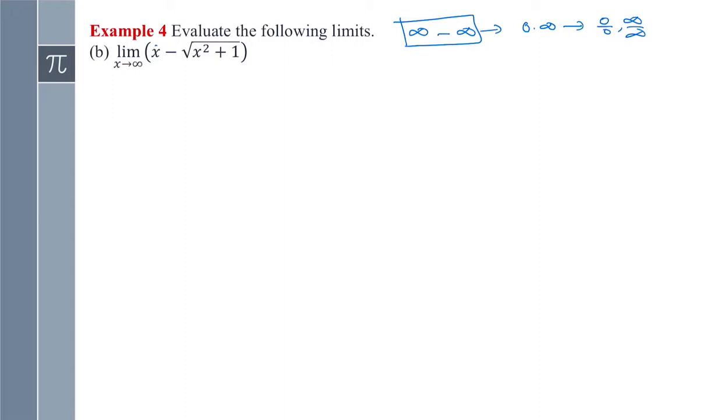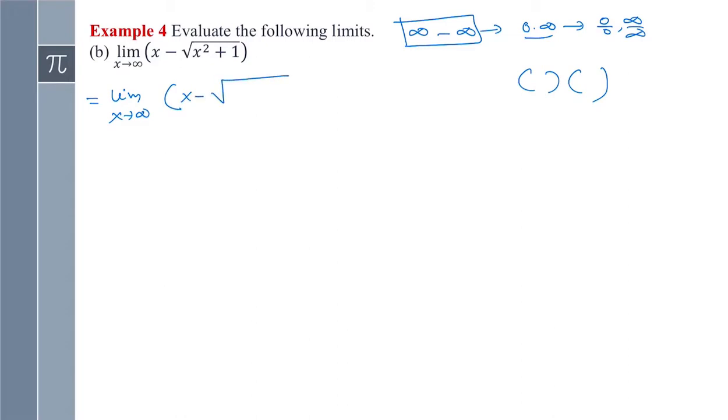So in order to change this into 0 times infinity, we need to have two factors. We need to factor things out. Okay, so we have x here, so we need to factor out x from here as well so that we can factor everything out. So let's see what we can do. So limit as x approaches infinity, x minus, so let's do this.